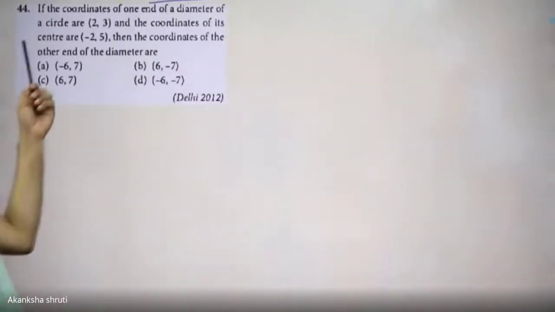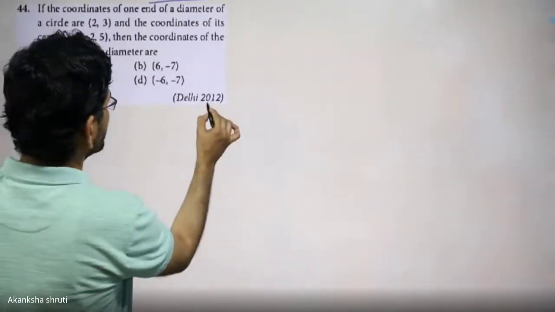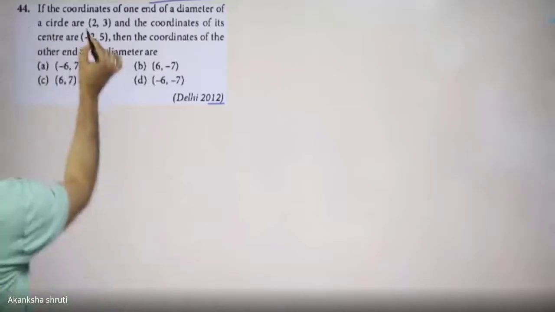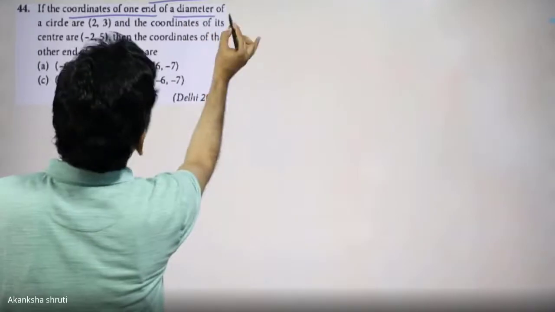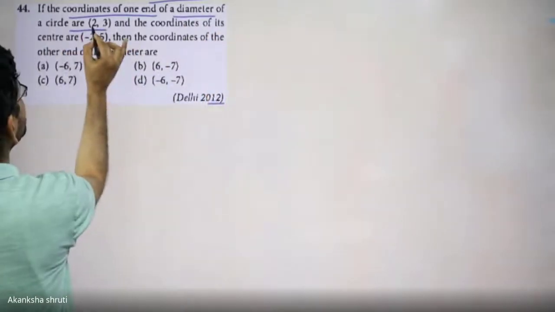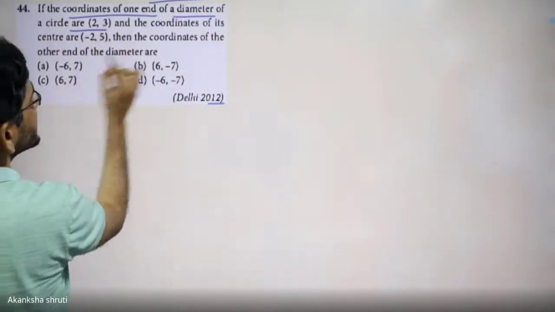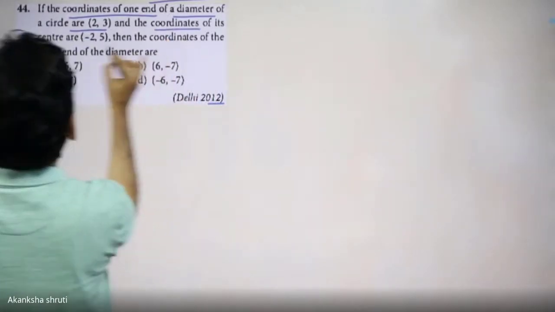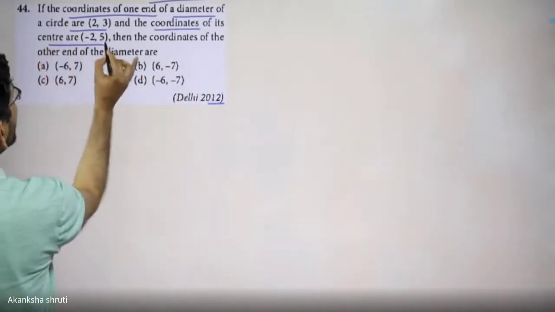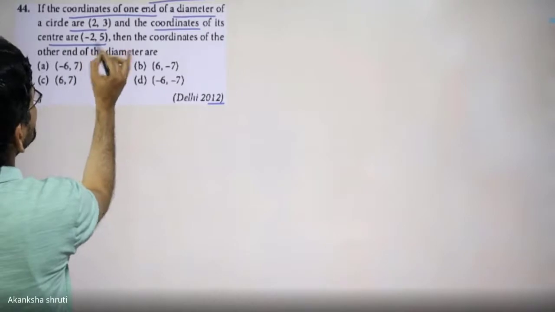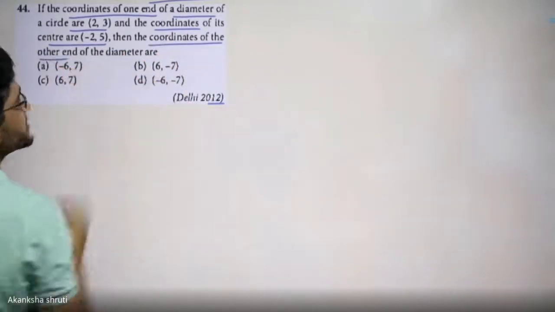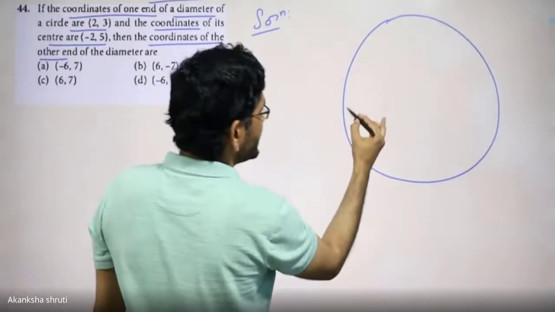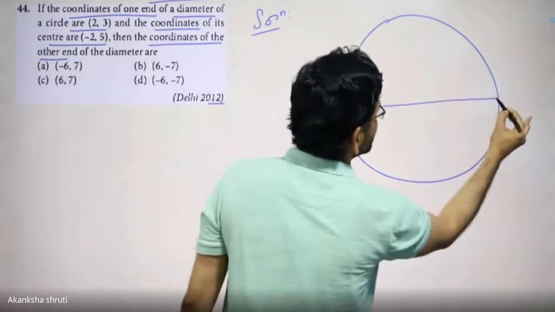Let us consider a question of 2012. If the coordinate of one end of the diameter of a circle is (2, 3), and the coordinate of the center is (-2, 5), then find the coordinate of the other end of this diameter. So first draw the rough diagram. For this circle, a diameter is given.